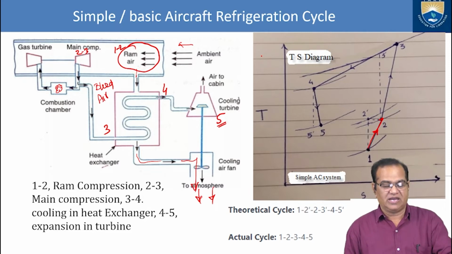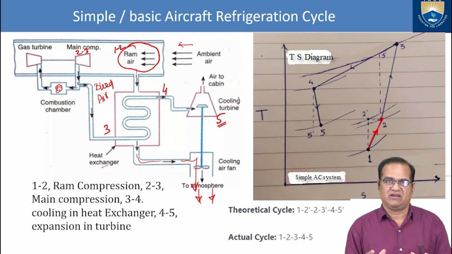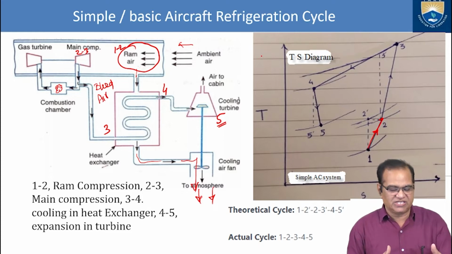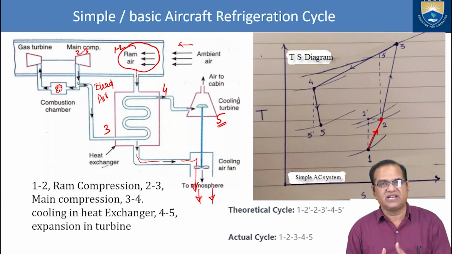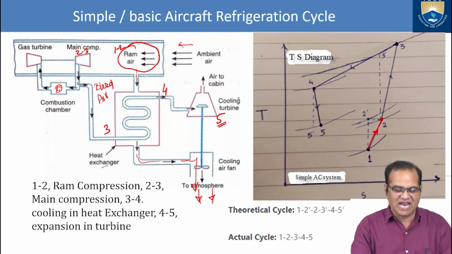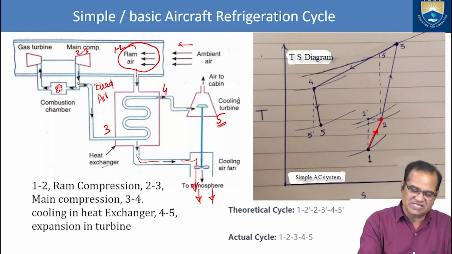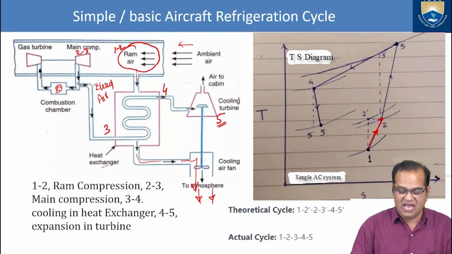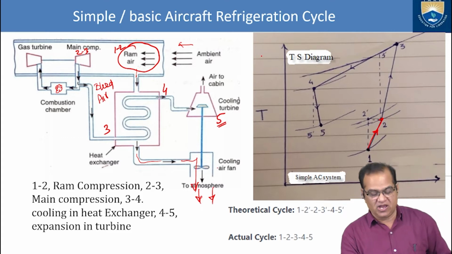There the main compressor is compressing the air which is entering from a few stages back of the main compressor. We are taking the high pressure and somewhat higher temperature air, and then it is entering inside the heat exchanger. Inside the heat exchanger, the air coming from the ram air is cooler than this compressor air. So some cooling is taking place in the heat exchanger, and from here this air is entering the fan.